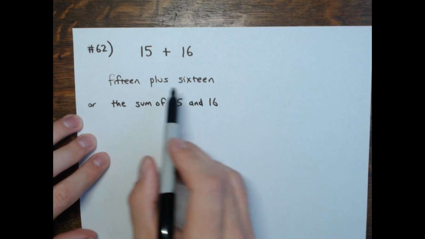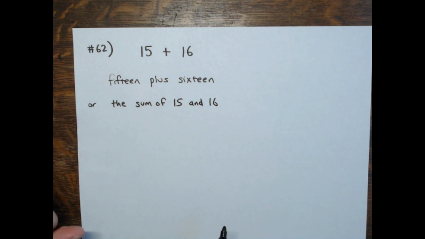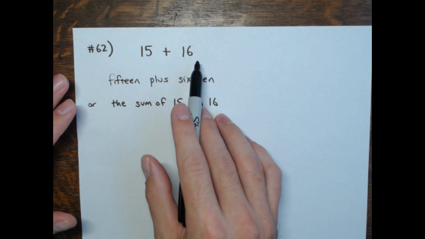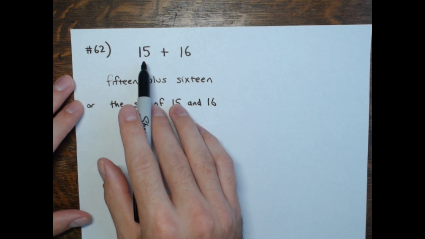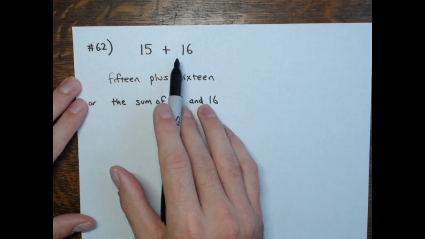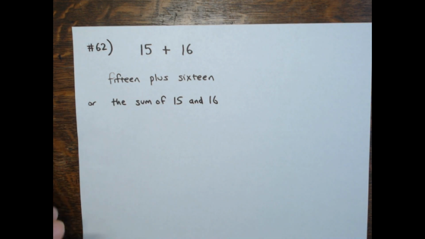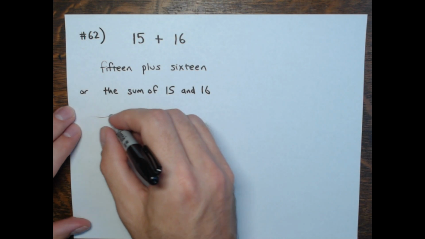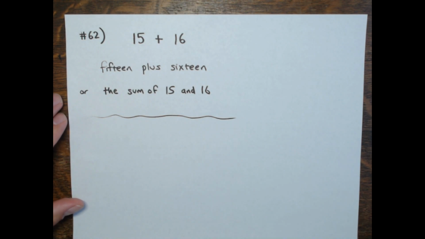Since I already wrote the numbers out in words earlier, I'm not going to need to do that again. Or the total of 15 and 16, 15 increased by 16, or 16 more than 15. Any of those represent addition. Great.